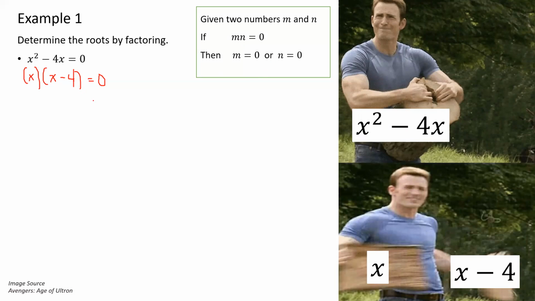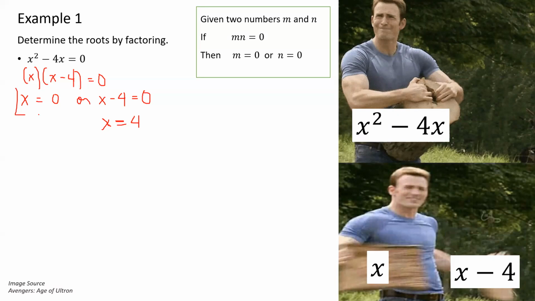So a similar idea happens here, since x is multiplied to x minus 4 and this is equal to 0. That means either x is equal to 0 or x minus 4 is equal to 0, which means x is equal to 0 or x is equal to 4.